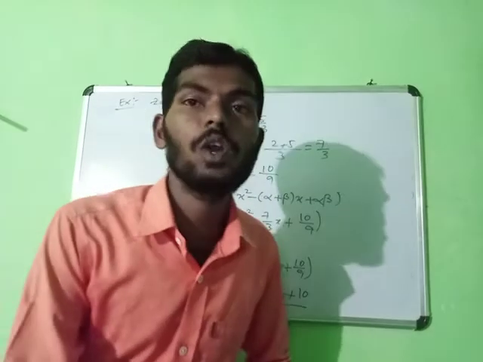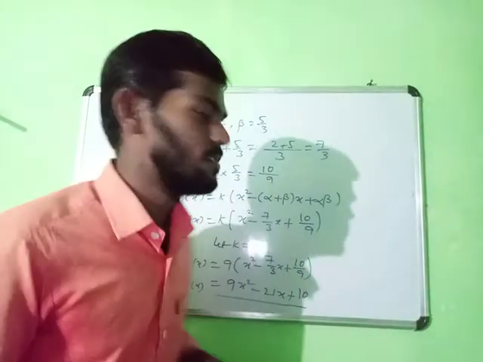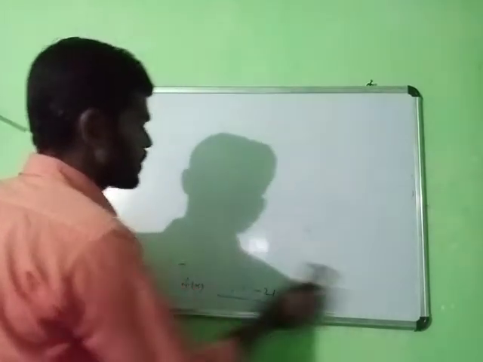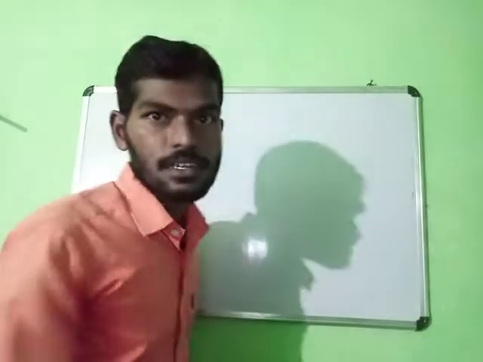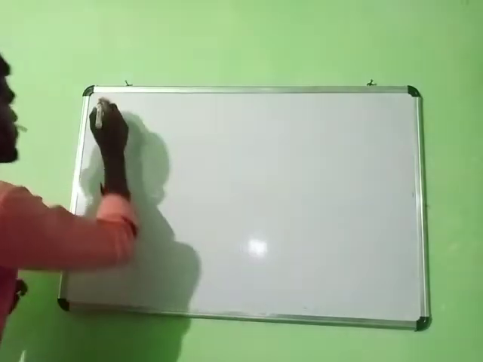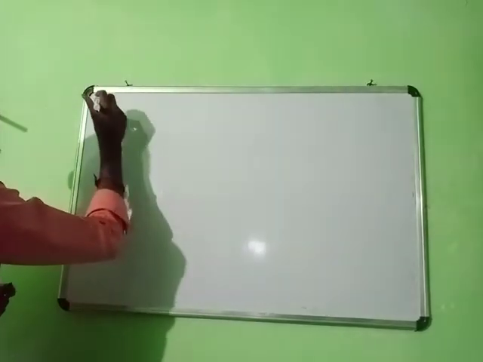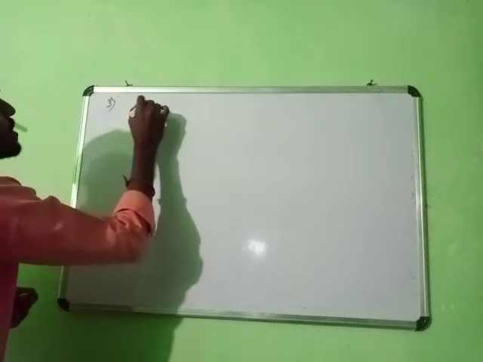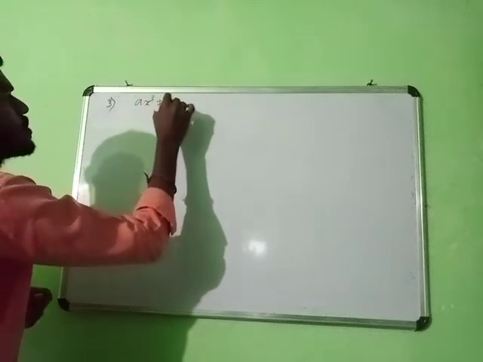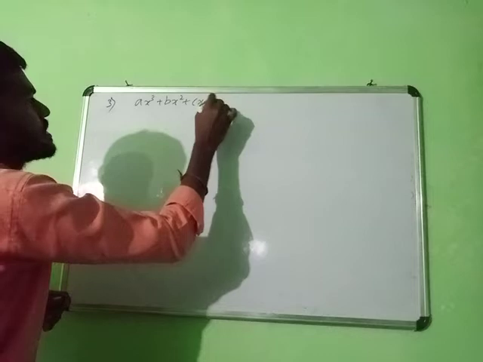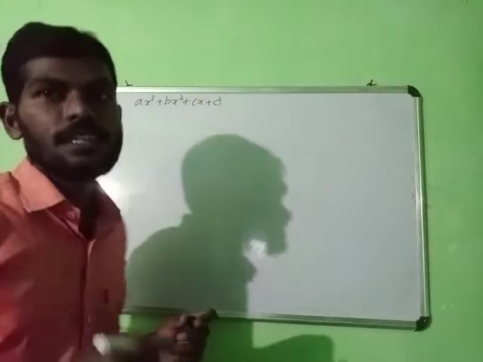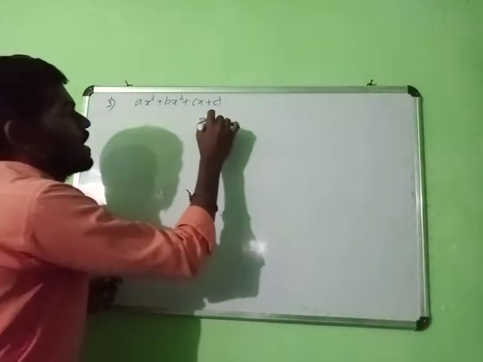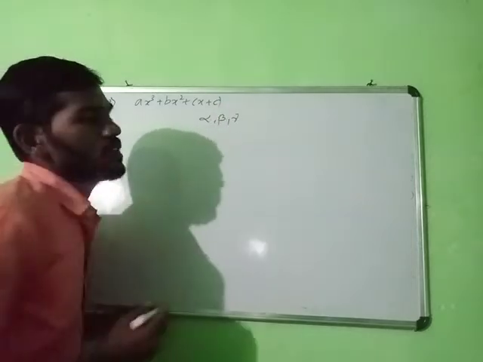And then the next one is the cubic polynomial, where three zeros are given. The cubic polynomial is ax cube plus bx square plus cx plus d. Our degree is 3, so there are 3 zeros: alpha, beta, gamma.